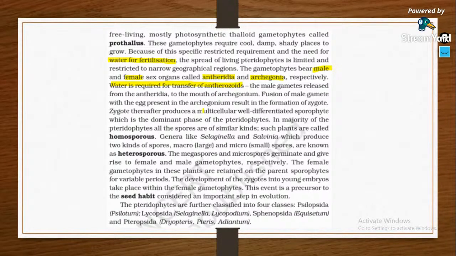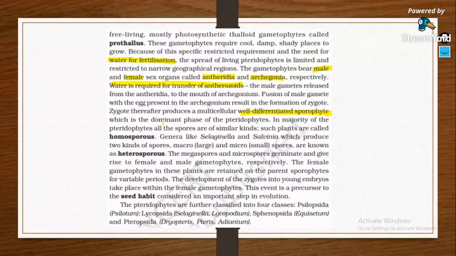The zygote formed after fertilization produces a multicellular, well-differentiated sporophyte, which is the dominant phase in pteridophytes.